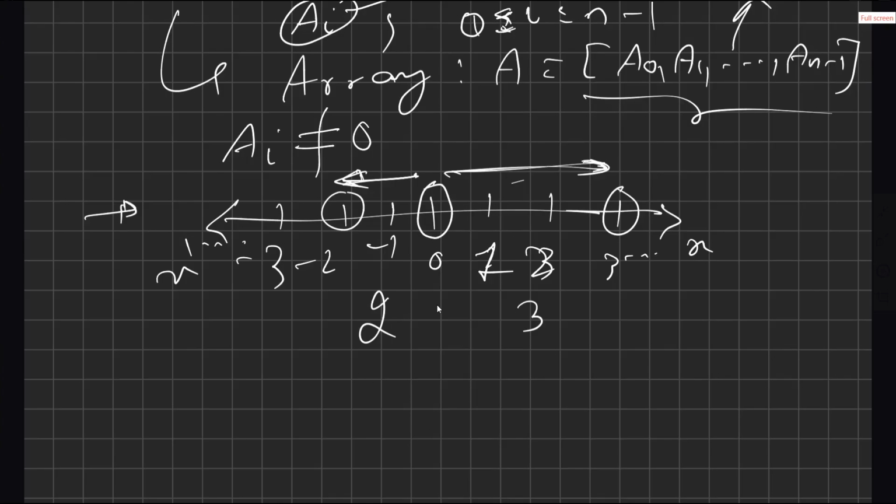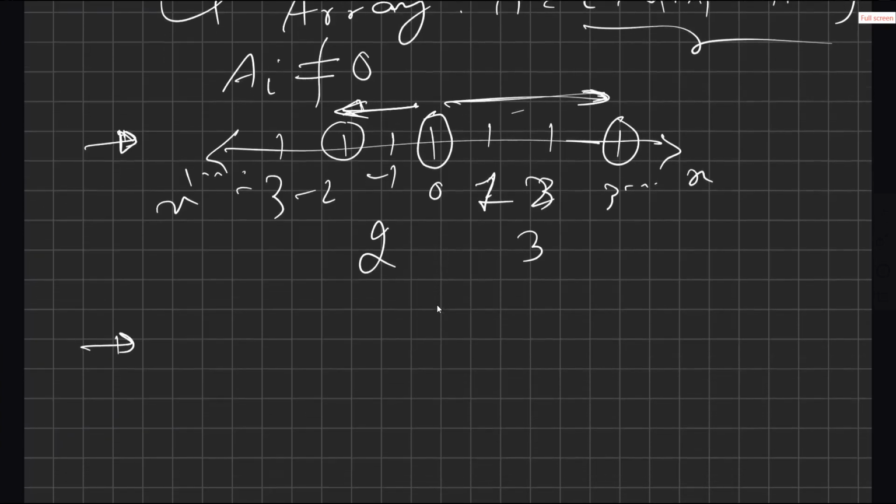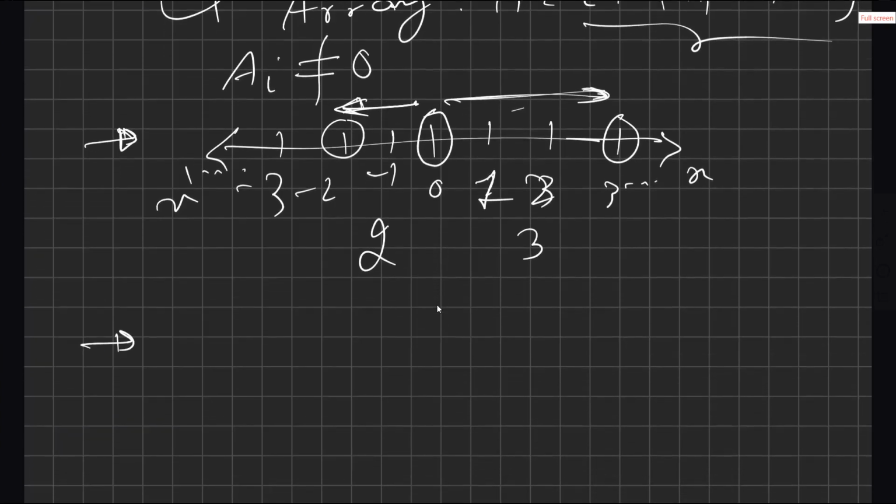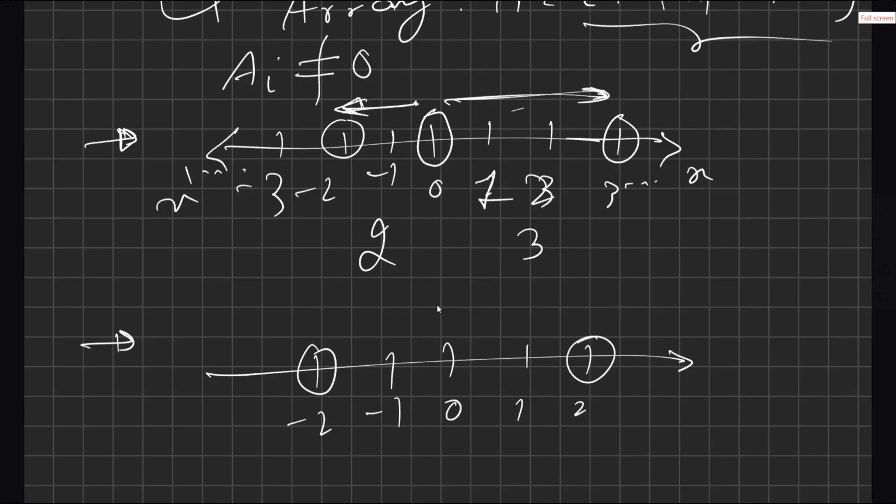I'll tell you why I'm giving importance to this: in the contest, what I thought initially turned out to be false. Now consider the other case: this is 0, this 1, 2, and minus 1, minus 2, with cookies placed this way. Initially Takahashi is at position 0. Here the distance is 2, and here the distance is also 2.